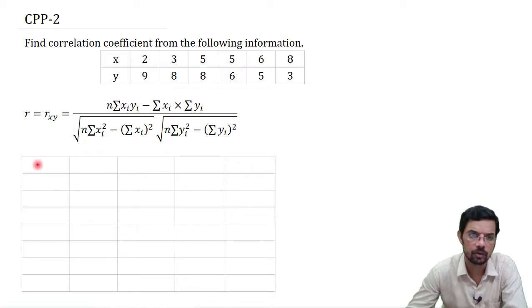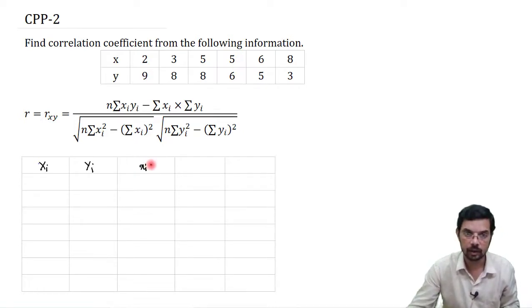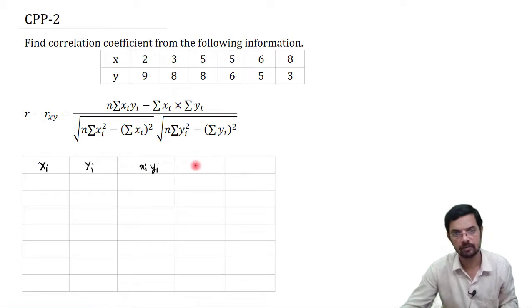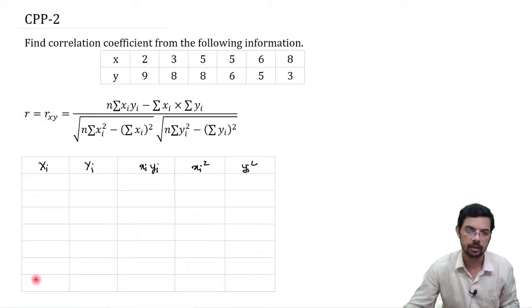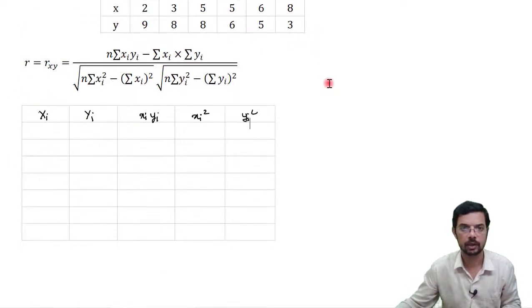So we shall write down xi and yi, then xi square, xi into yi, and yi square, and then we will find the sum here. Let us start doing the problem.